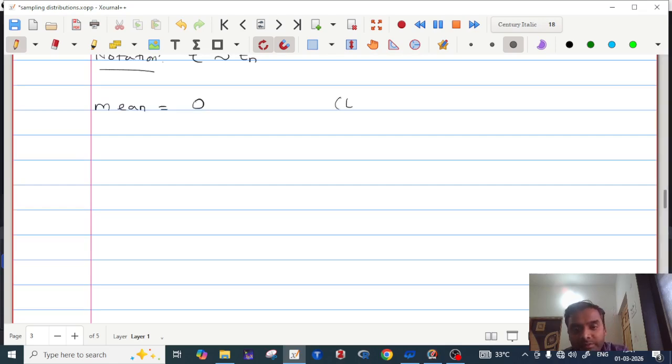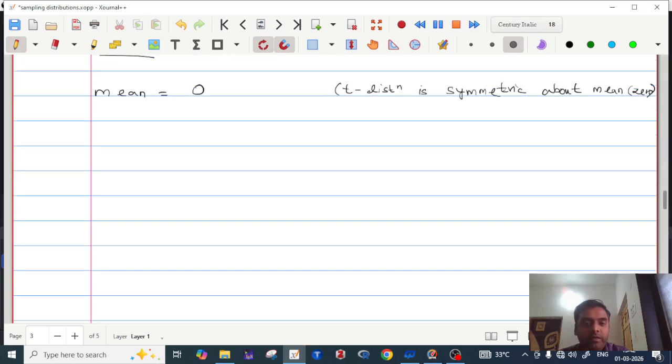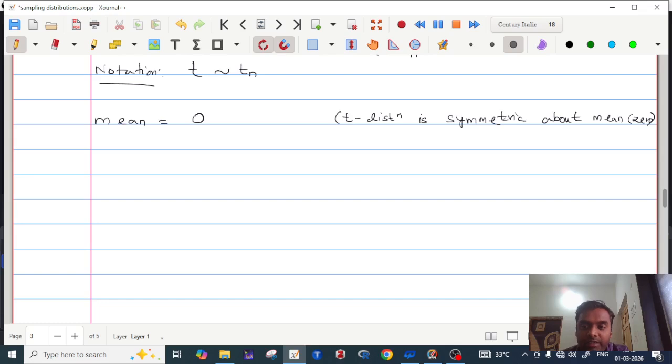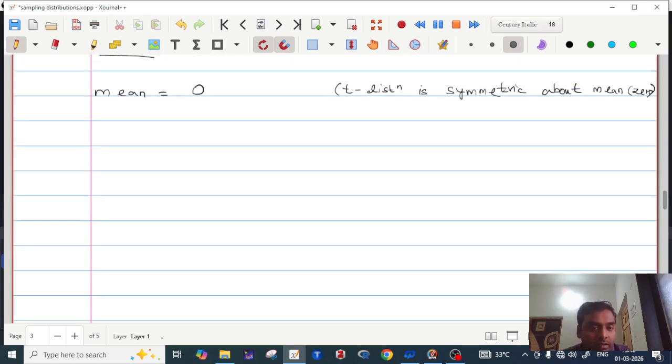The t distribution is symmetric about its mean, that is, about 0. Now the variance of the t distribution is, if t follows t with n, then its variance is n upon n minus 2.